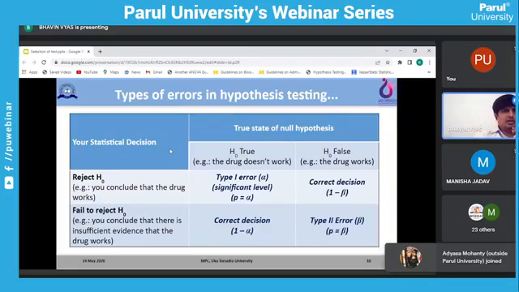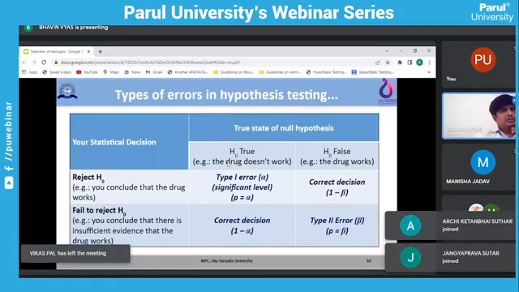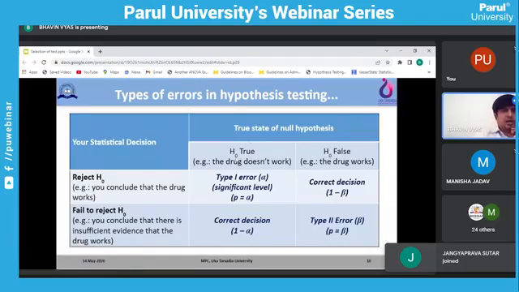According to the statistical decision, you will be rejecting your null hypothesis, but in reality the null hypothesis is correct. For example, the null hypothesis here is that the drug doesn't work, but by doing the experiment and the statistical test, you conclude that the drug is effective, that the drug is working.